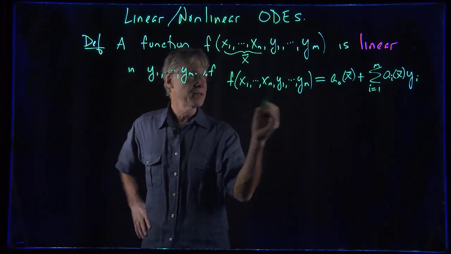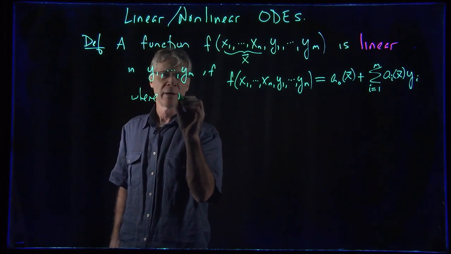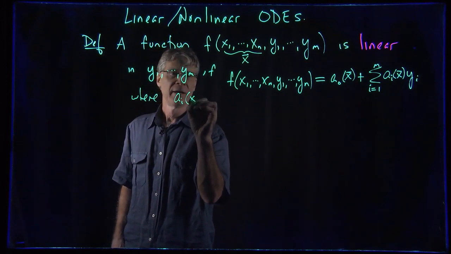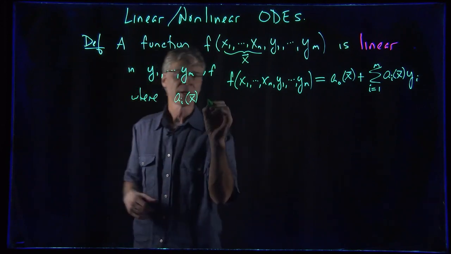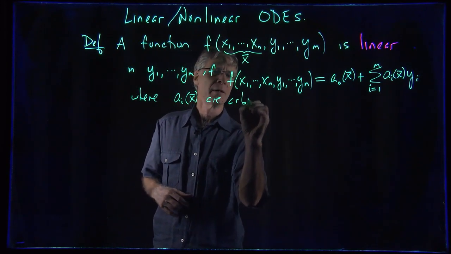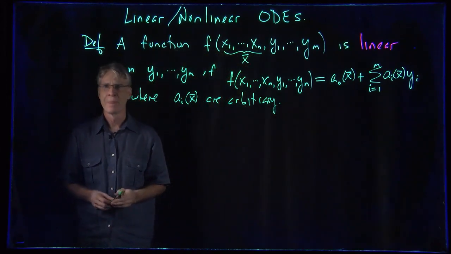Now to understand what this means is the following, where the a_i of x's, these guys, are arbitrary. Okay.